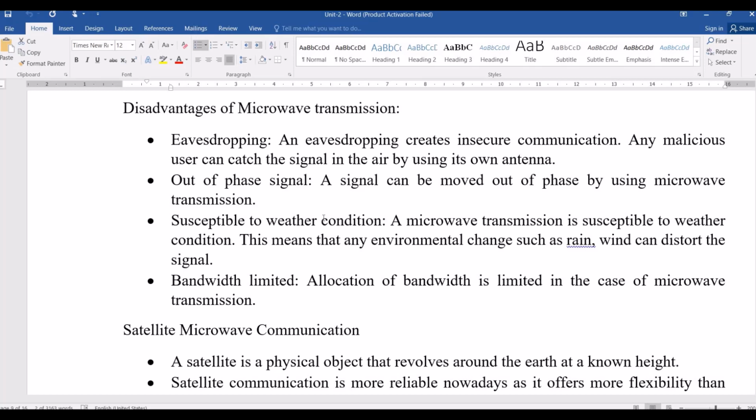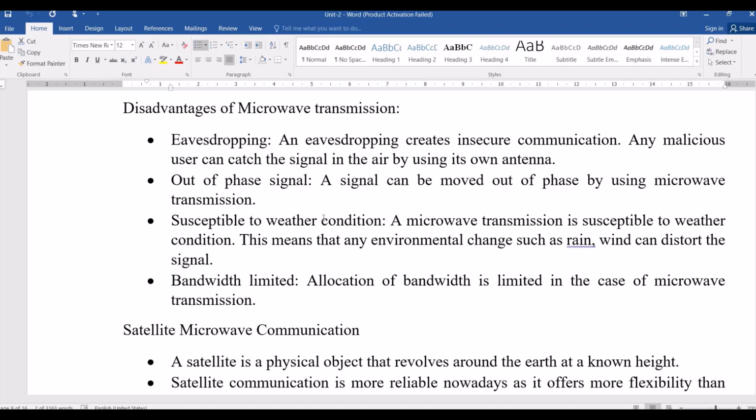Anyone can intercept our communications in between, so we need to have secure communications. Any malicious user can catch the signals in the air by using their own antenna. This is air communication, so there is a chance of the signals being captured.